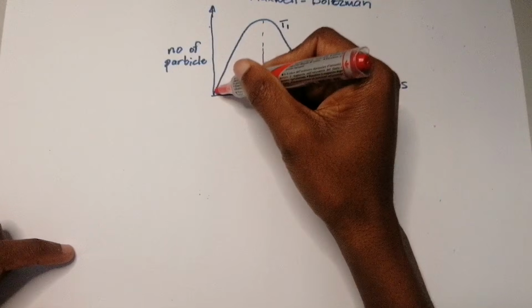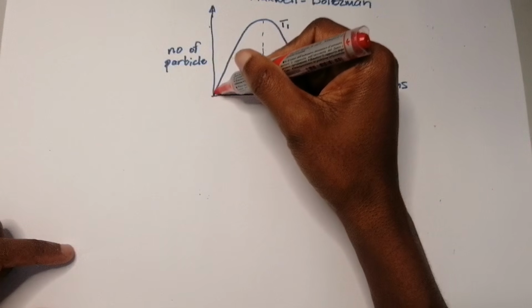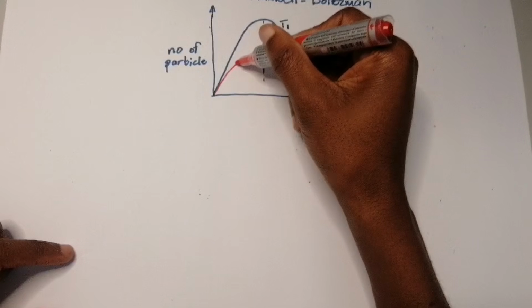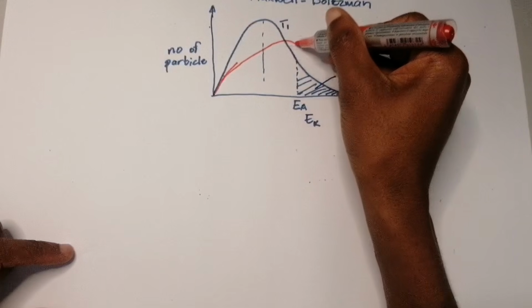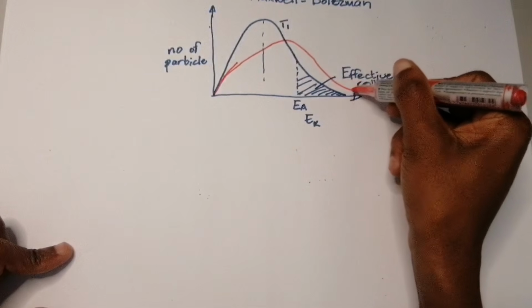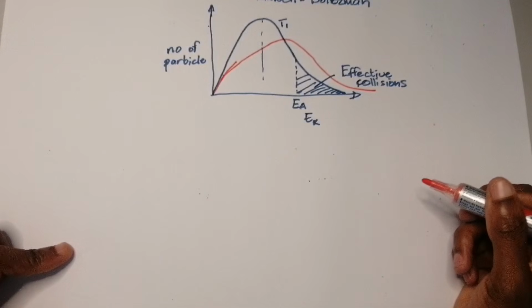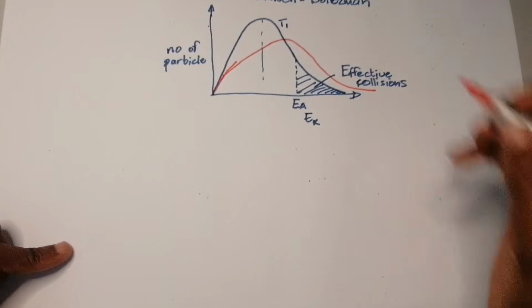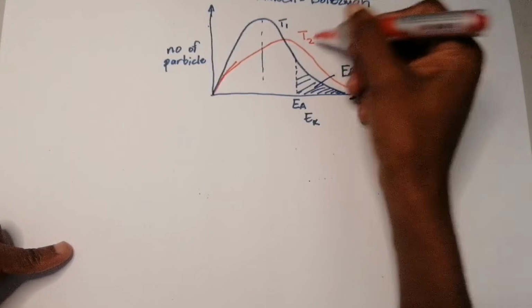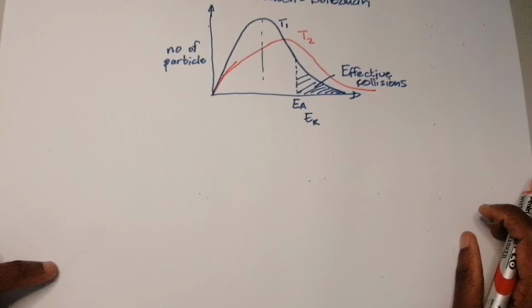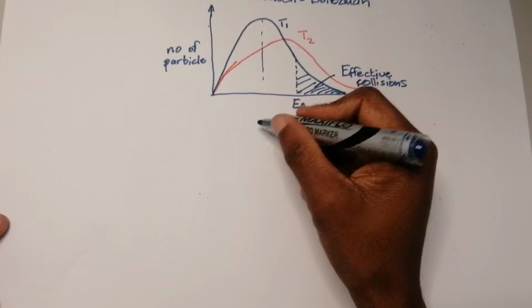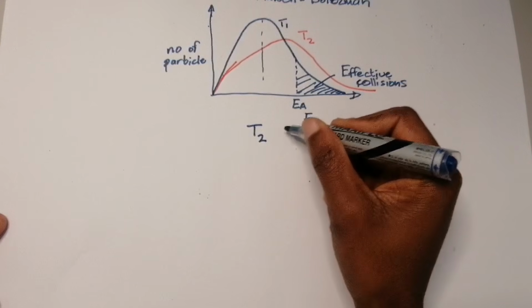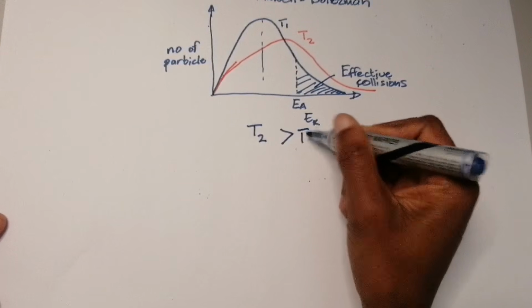Please note what happens when I increase the temperature. This curve here is at temperature T2, where T2 is greater than T1.